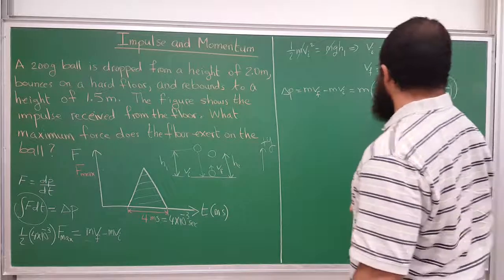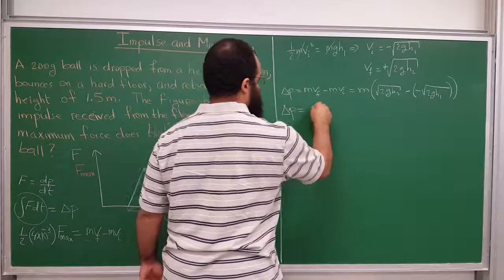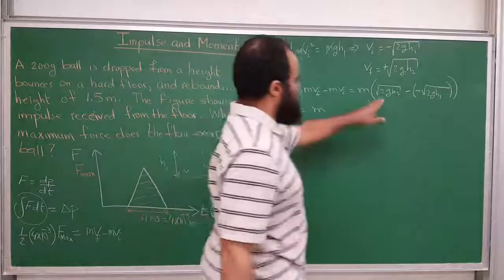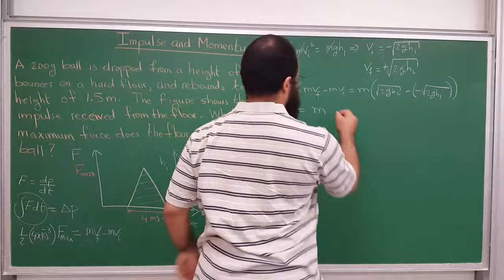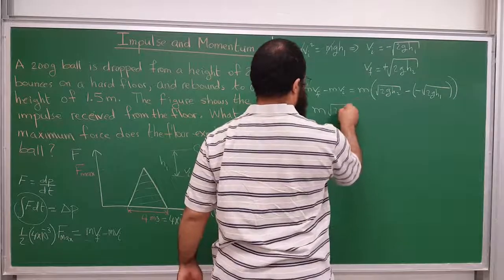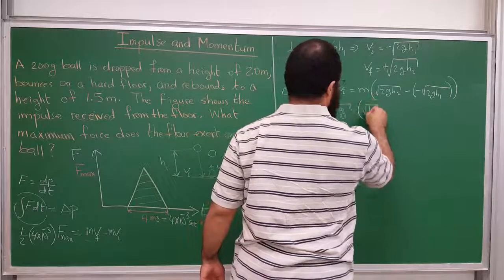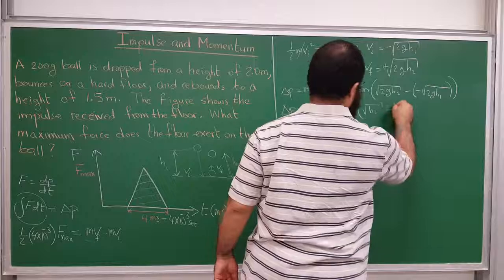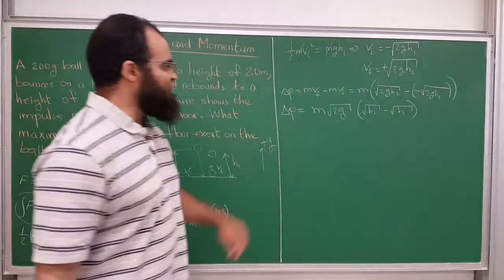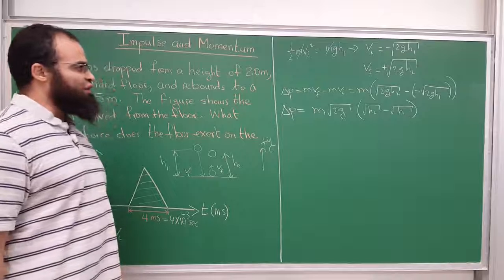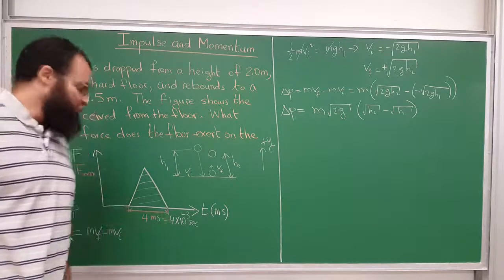So minus minus, that's a plus. So you have delta p will be m, and then the square root of 2g can be factored out, and then here I will just have the square root of h2 plus the square root of h1. Again, this may not be necessary. You can just find delta p numerically.